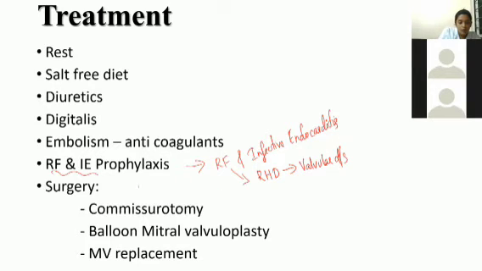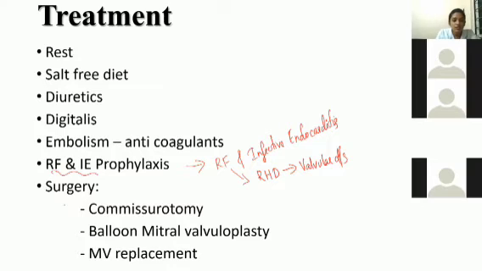Okay, so prophylaxis for rheumatic fever and infective endocarditis is one of the treatments. If you are treating these conditions, treating the valvular problem will be easier, or we can even prevent the valvular disorders. We will be discussing rheumatic fever and infective endocarditis in the next class. Okay, so this is what we do if the condition is not worse.